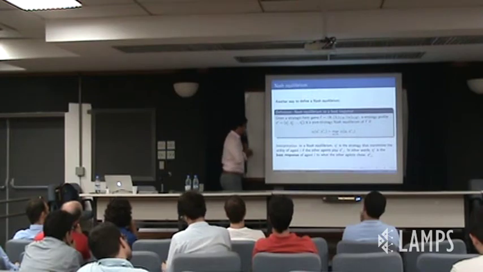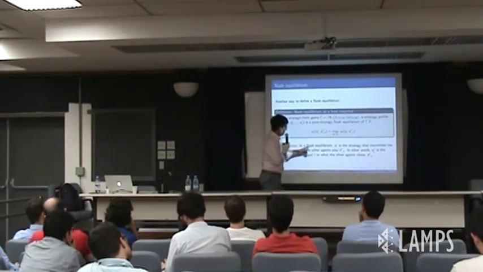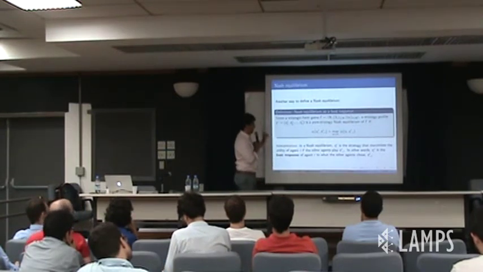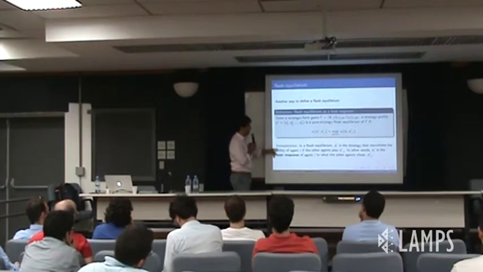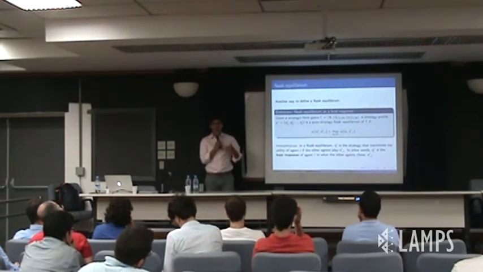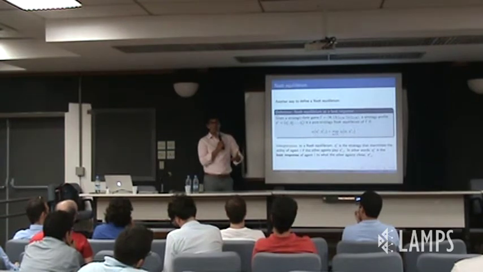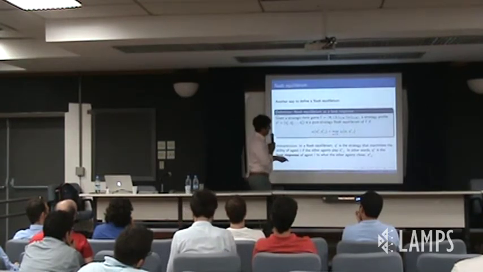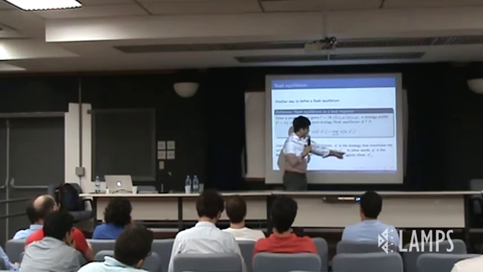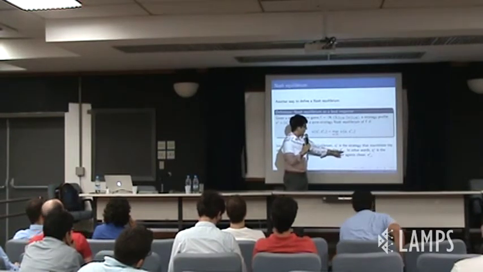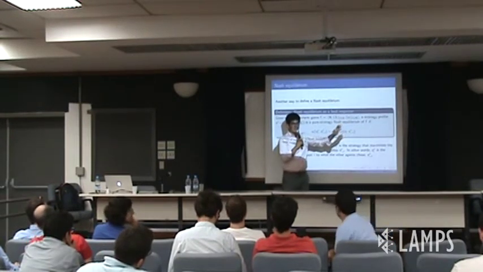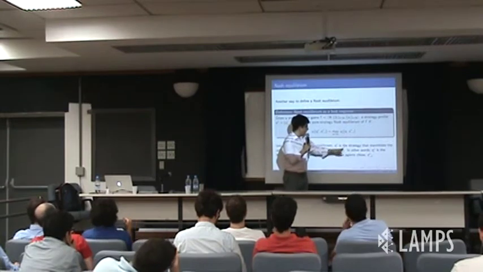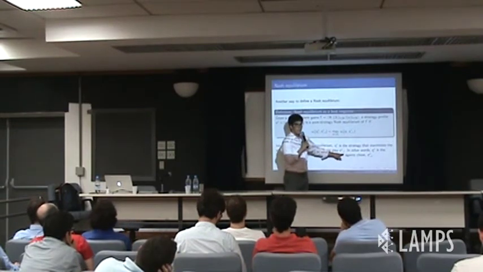Okay? So, interpretation. In a Nash equilibrium, s_i star is the strategy that maximizes the utility of an agent, given that the other agents are playing s_-i star. By the way, this minus here, I forgot to mention, is just shorthand for the other players. This is what the other players are playing, the others other than i.